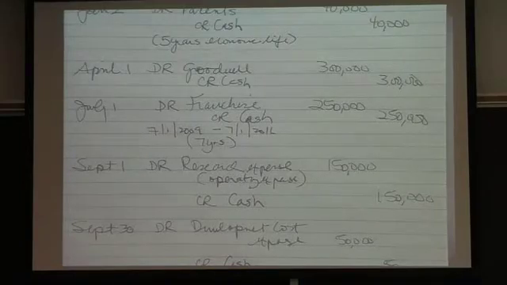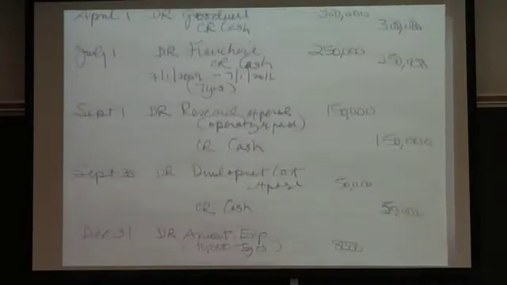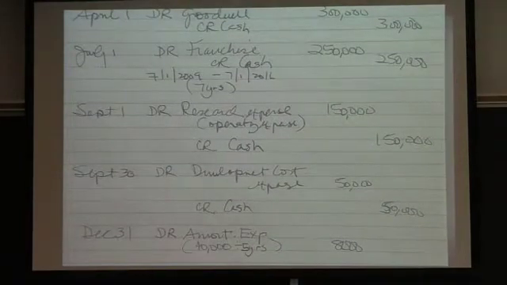So goodwill is not an asset that we amortize. It's not like patent or franchise. But we need to test goodwill for impairment. And there is a very specific testing, and it requires us to look at the recoverable amount of this asset. And we compare the recoverable amount against the carrying value to see whether there's an impairment. So in this case, we're going to assume, and the question actually told us, that the recoverable amount exceeded the carrying amount, so we don't have an impairment loss.